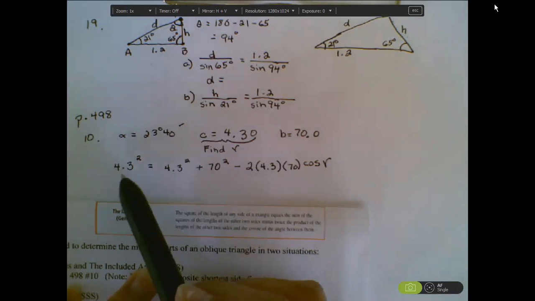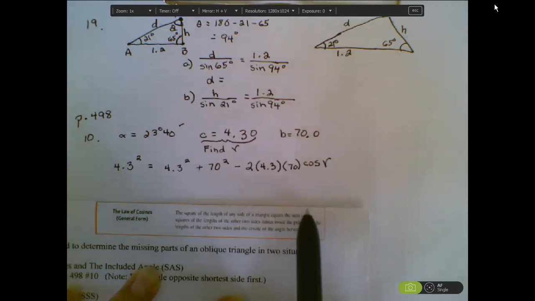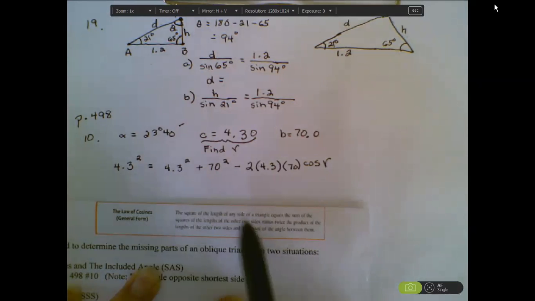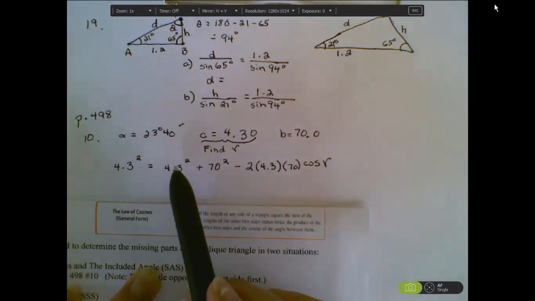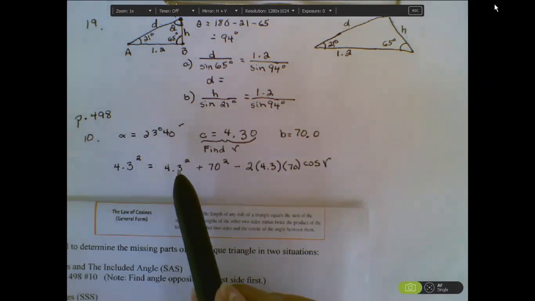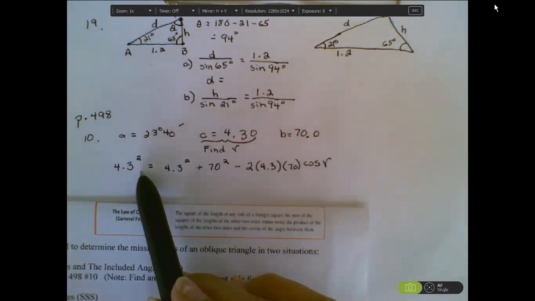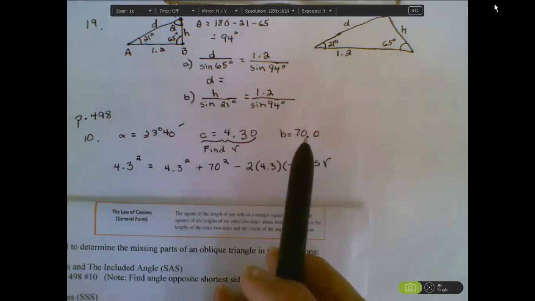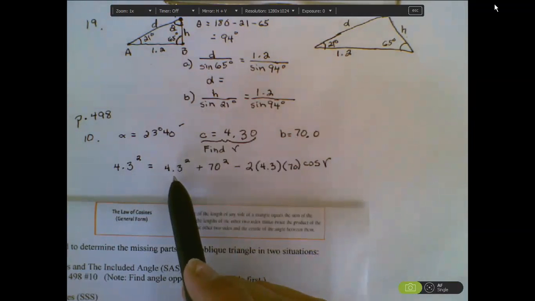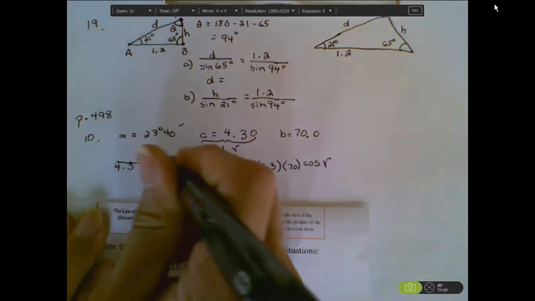So C squared equals the sum of the squares of the other two sides. This is not right, because the other two sides would be A and B, and I don't have A and B. I'm just going to have to erase that and play like it didn't happen. I'm so sorry.